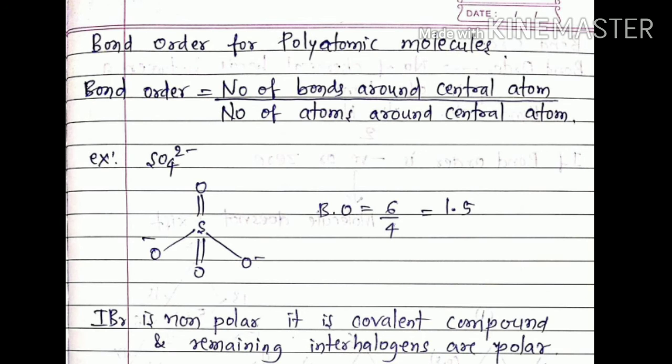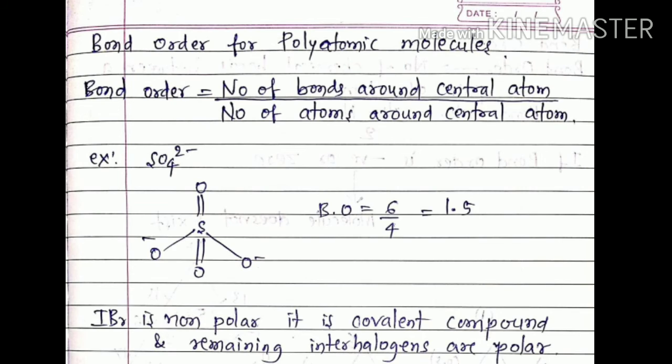So we'll consider the bond order for polyatomic molecules. Bond order is the number of bonds around the central atom divided by the number of atoms around the central atom. So we'll consider SO4 2 minus, sulfur, and here 4 oxygens are there.